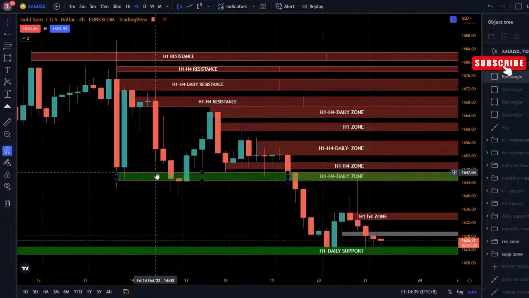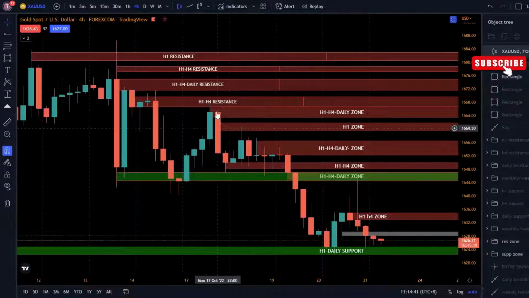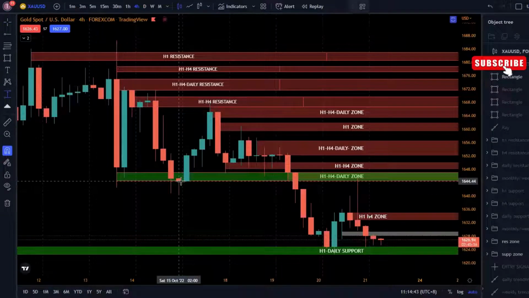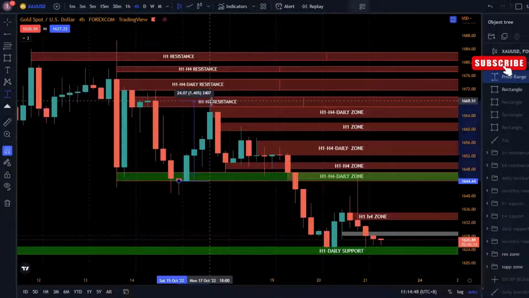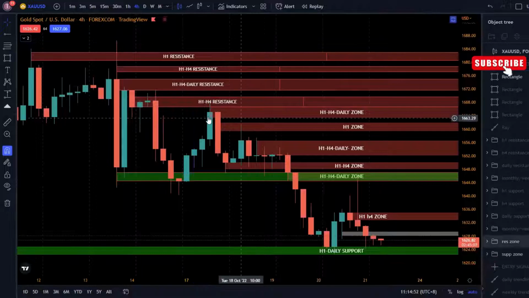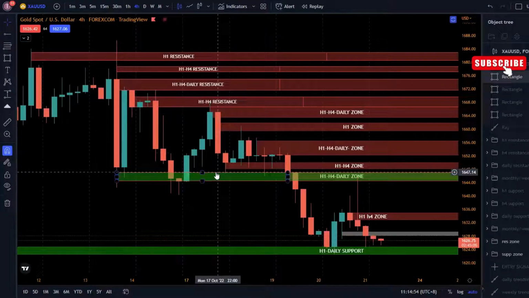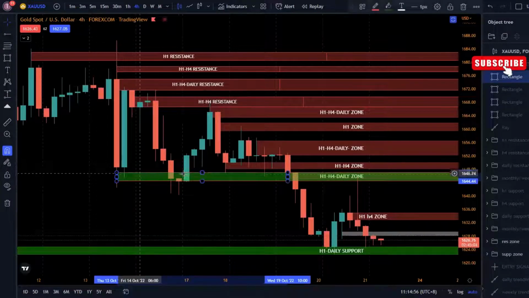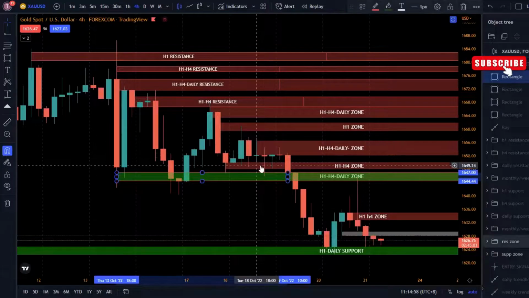This one is a valid support. So because from this point, the price went up. For how much? That's 200 pips. Okay. So again, this buying support zone is tested plenty of times.